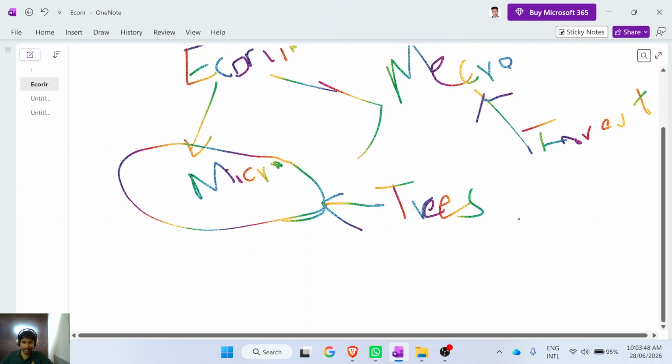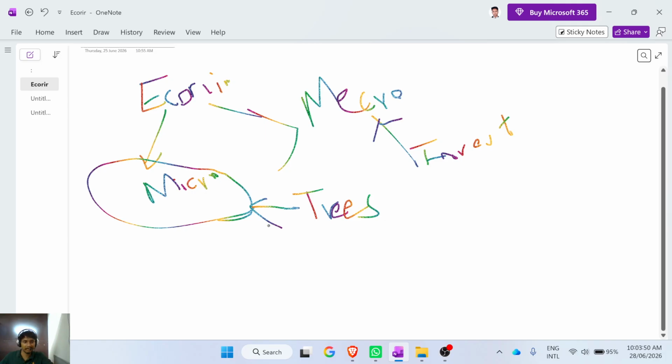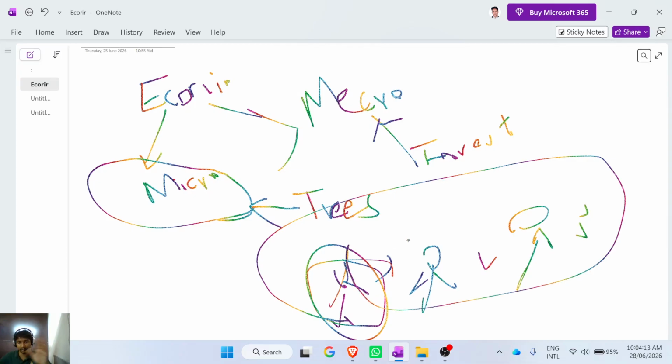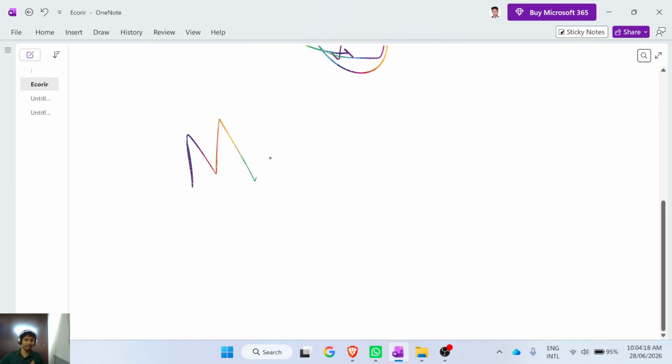There are many trees in a forest. If we study a single tree, that is microeconomics. If we study the whole forest, that is macroeconomics. That is very simple.